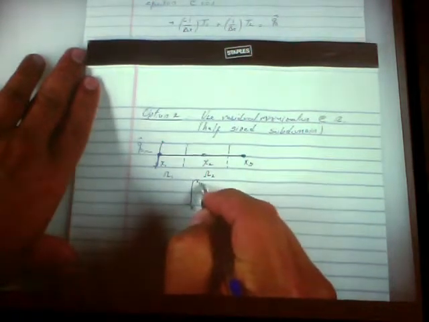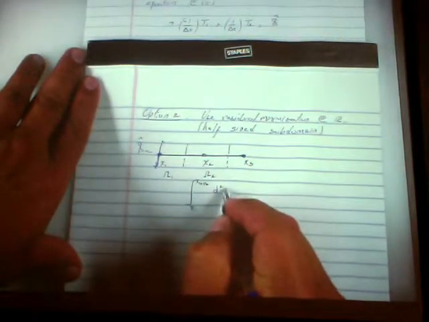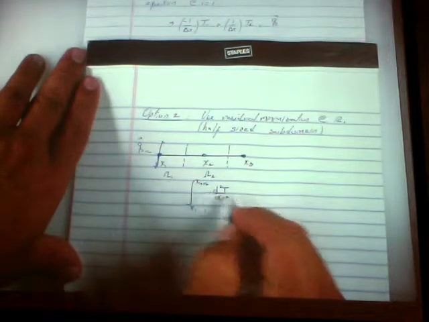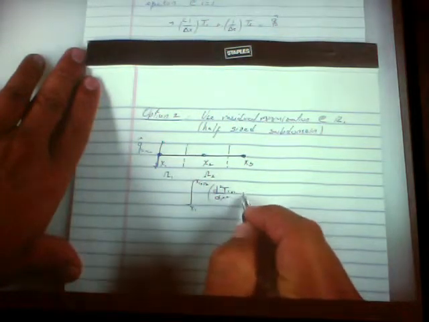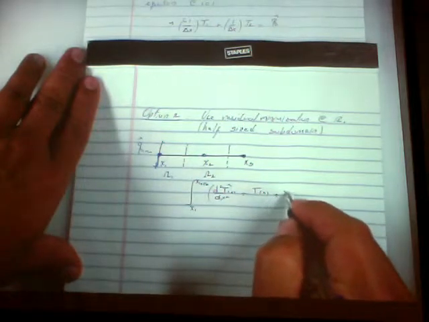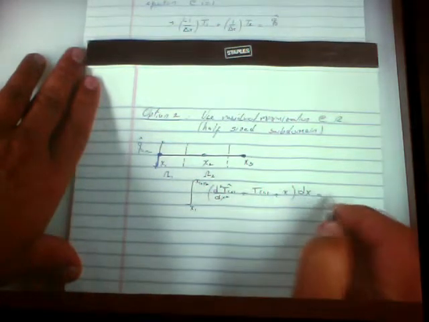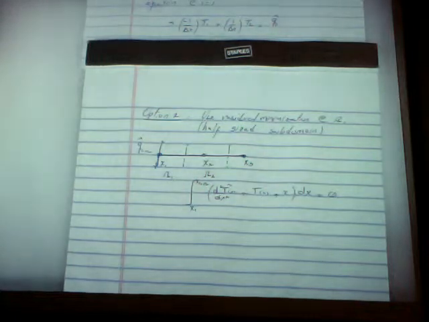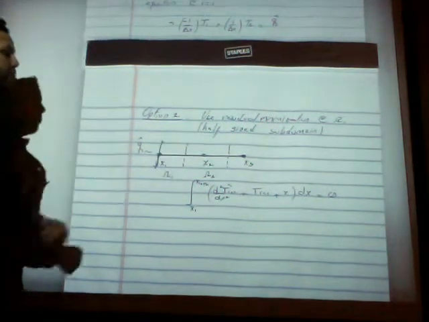So this would include basically saying that the integral from x1 to x1 plus a half of the second derivative d²T/dx² plus T plus x dx is equal to 0. So we're applying the same formula, but we're applying over half the size.